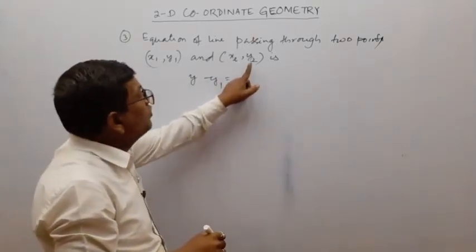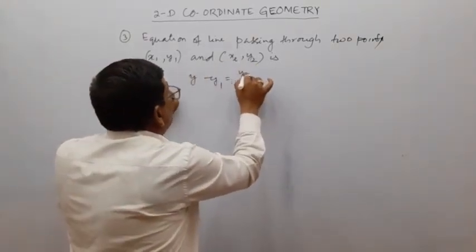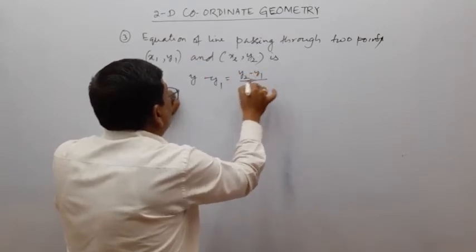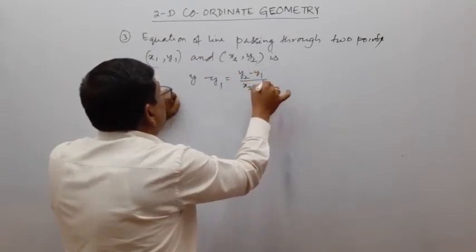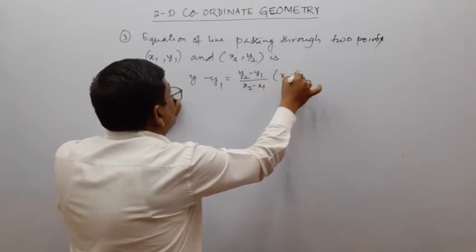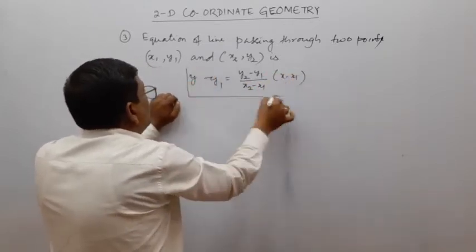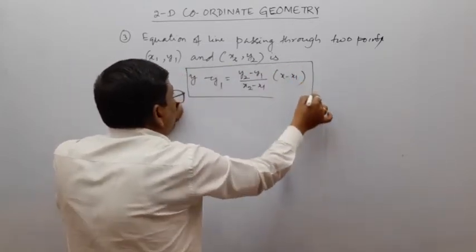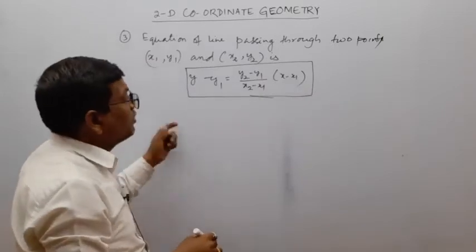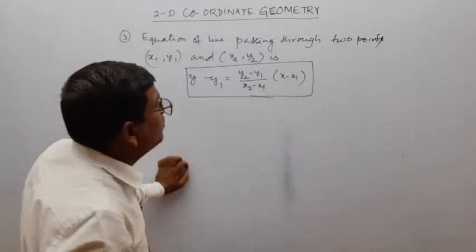M means slope, so slope will be y2 minus y1 divided by x2 minus x1. So y minus y1 is equal to y2 minus y1 divided by x2 minus x1 into x minus x1. This is the formula to find the equation of line passing through 2 points.